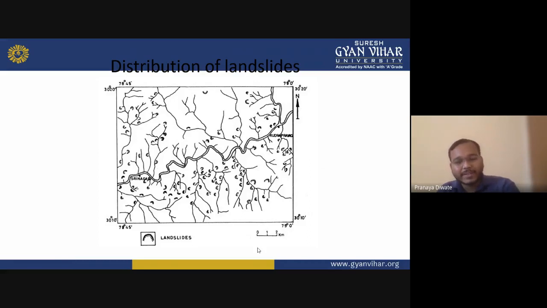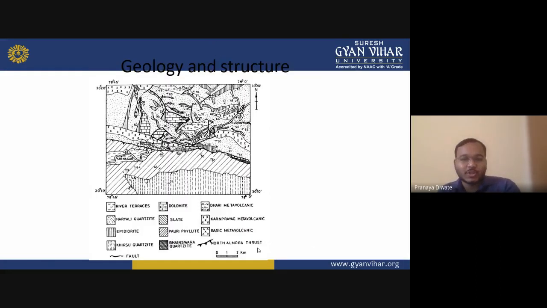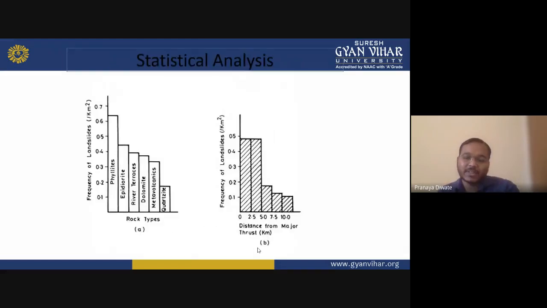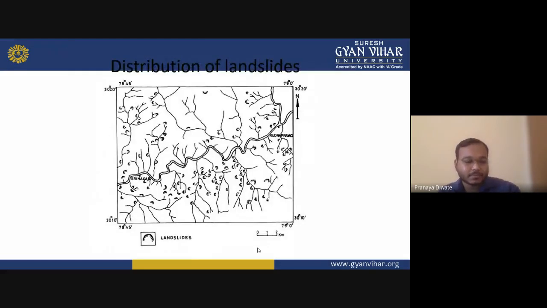What you can see is that there are a large number of landslides on the southern side of this map. So you can correlate with this geology. In the lower side, the rocks are phyllite and slate. Phyllite and slate are considered rocks which are more susceptible to landslides.